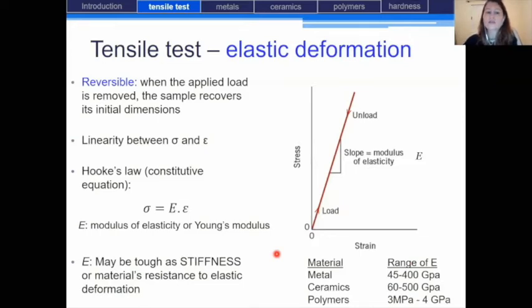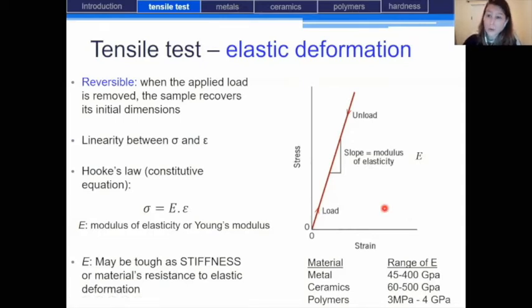Okay? So this elastic modulus may be thought of as the stiffness of the material. So it is the material resistance to elastic deformation. So depending on the value of this Young modulus or modulus of elasticity, depending on the shape of this curve, so if it is more vertical or more horizontal, it will give an idea, or it will represent, in fact, the material resistance to elastic deformation.